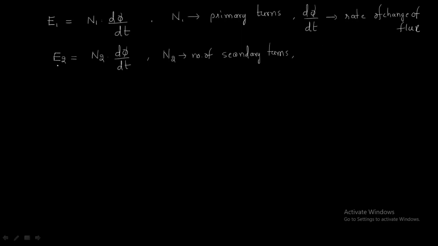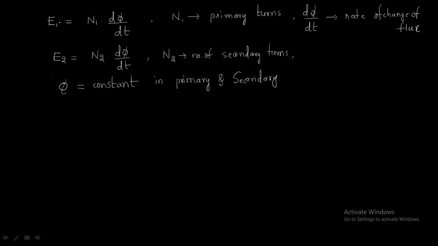Here the most important point is that the flux is constant. Flux is constant in primary and secondary windings, primary core or secondary core. Primary as well as secondary, the flux is constant.